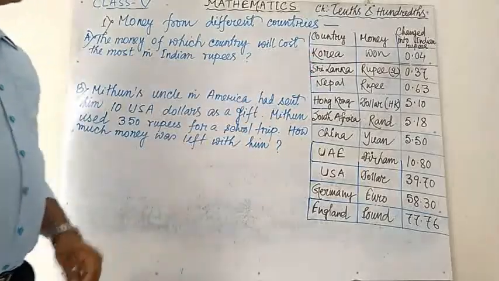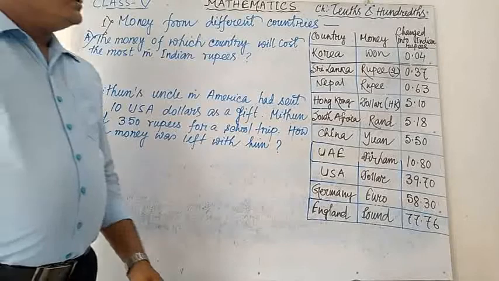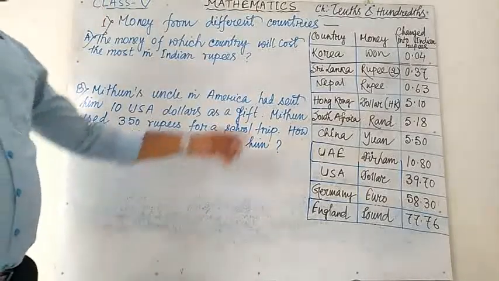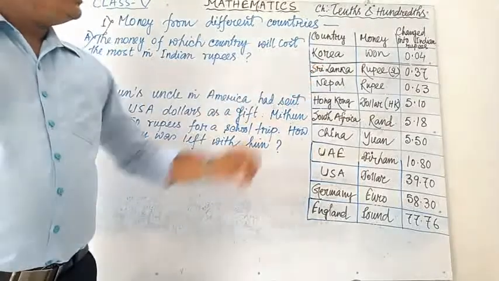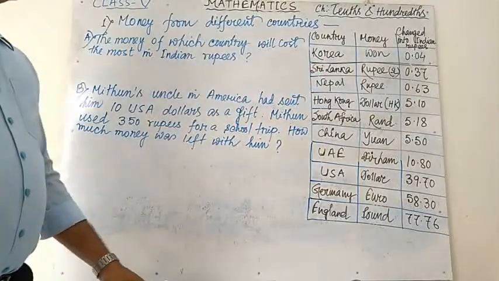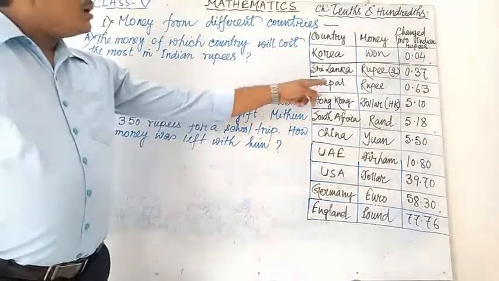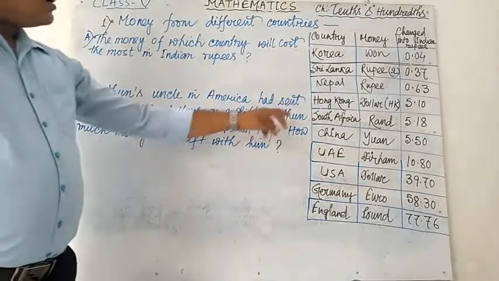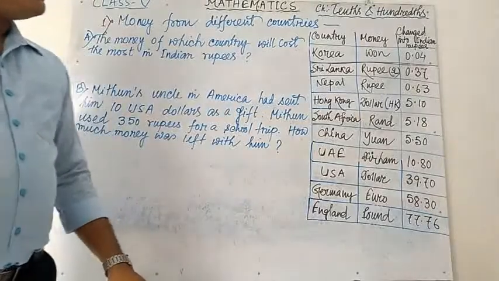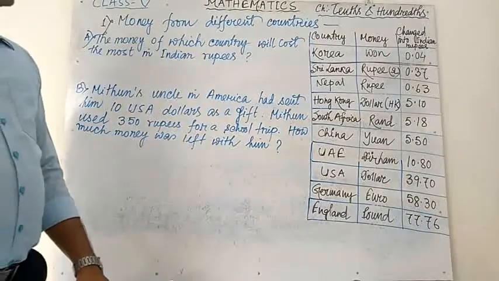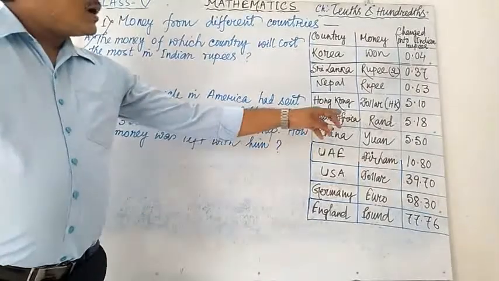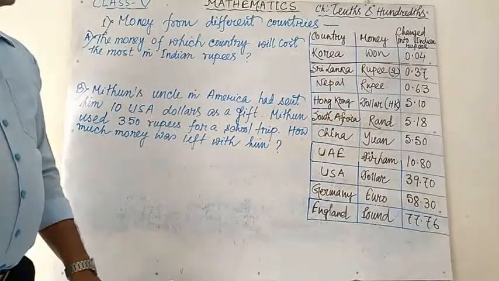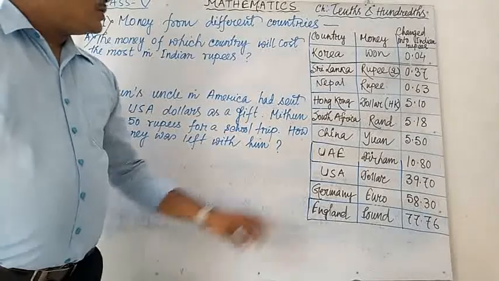Korea, name of the money is won, change into Indian rupees 0.04. Sri Lanka, rupee 0.37. Nepal, rupee 0.63. Hong Kong, dollar 5.10. South Africa, rand, its equivalent Indian money is 5.18.